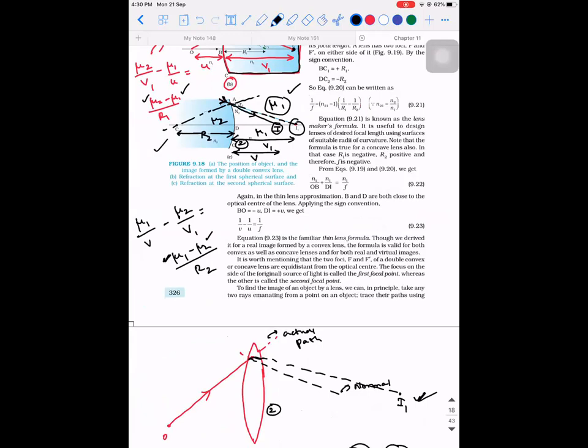Think practically. It's not like we are going to wear specs with one eye inside water and one eye in air. This has a practical application. You're not going to have half of your lens inside one medium and half in another.